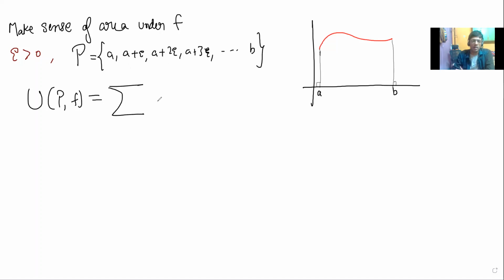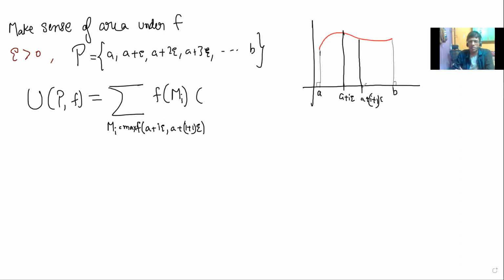So just to say it very clearly, for each part, for the ith part, we pick f of m_i, where m_i is equal to the max of f over the interval from i epsilon to (i+1) epsilon. In that part, we had to take the maximum.